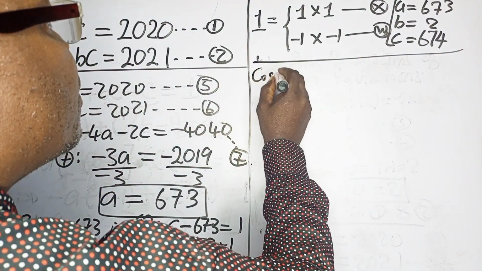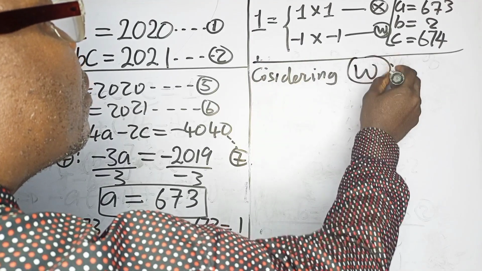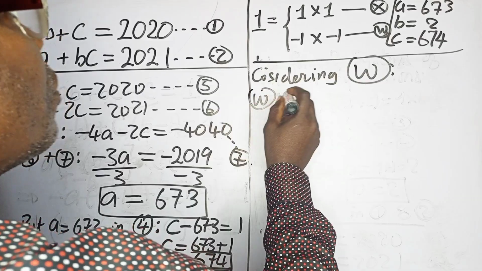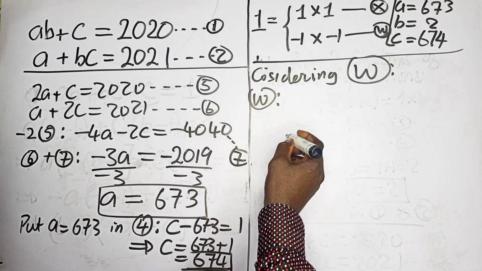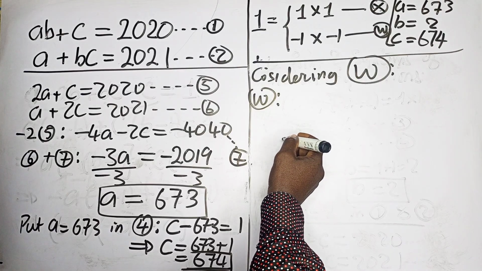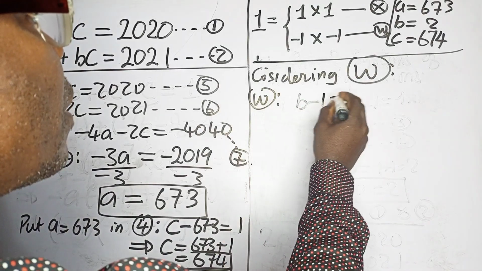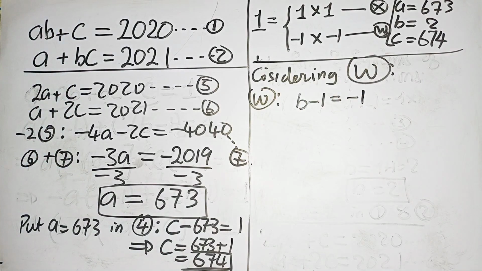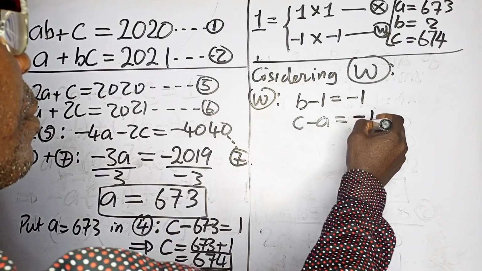Now, considering the second case, our system becomes: b minus 1 is equal to minus 1, and c minus a is equal to minus 1.